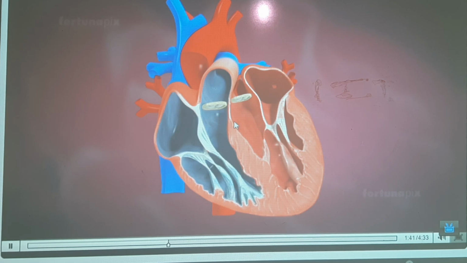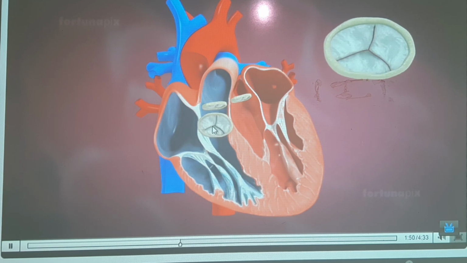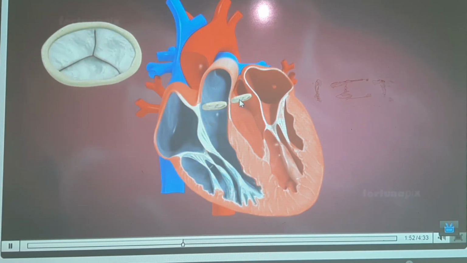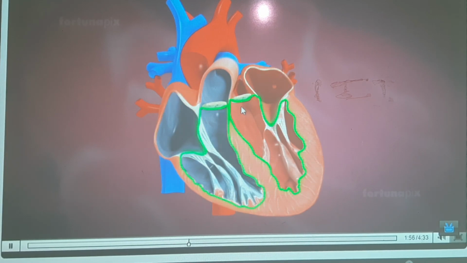And this is the pulmonary valve. They are also known as semilunar valves. This is the aortic valve and this is the pulmonary valve, and you know the functions, isn't it? Okay.